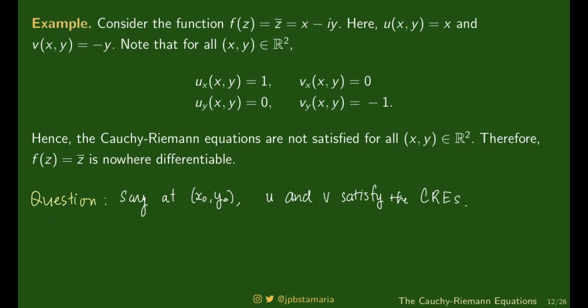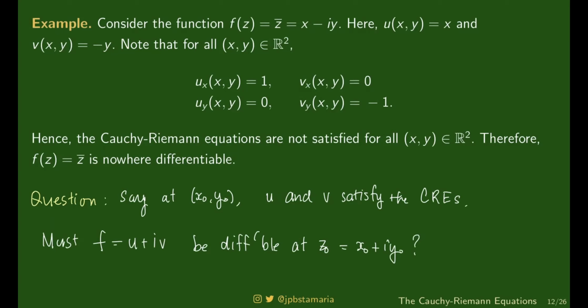Kunwari, at the point x naught y naught, they satisfy the Cauchy-Riemann equations. The question is, must the function f, written as u plus iv, be differentiable at z naught, which is x naught plus iy naught?